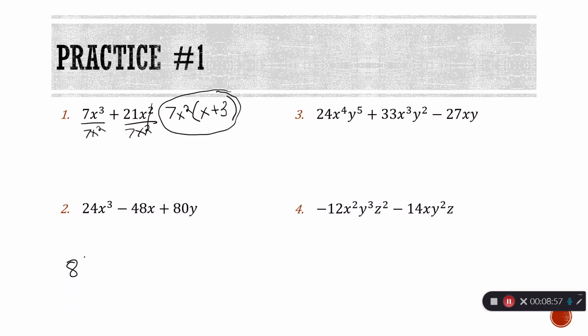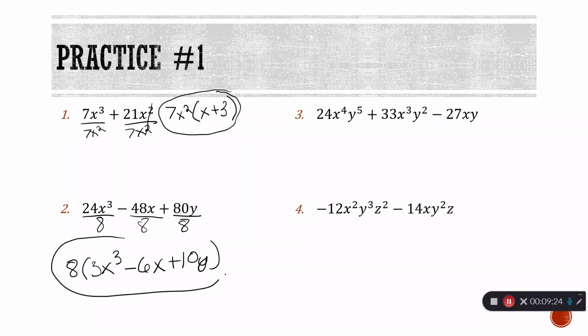So I actually can't pull out a variable on this one at all, because they don't all share the same variable. Can divide them all by 8. Okay, so 24 divided by 8 is 3, x to the third, minus 48 divided by 8 is 6, that x comes down. 80 divided by 8 is 10y. There we go.